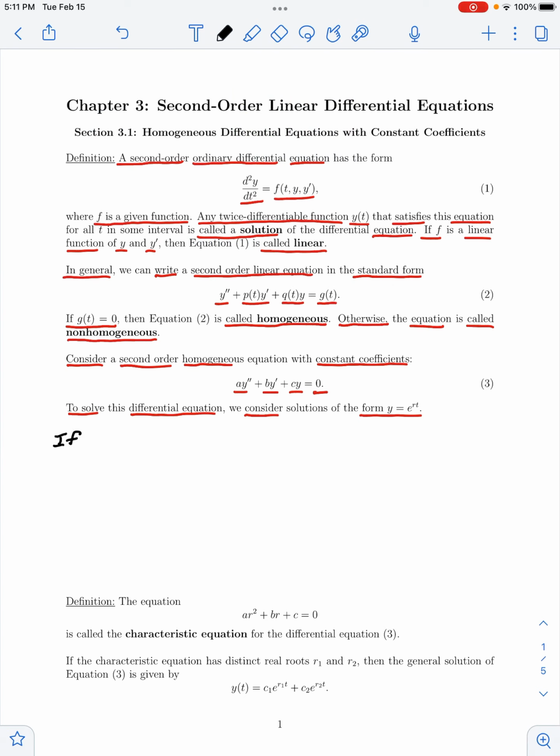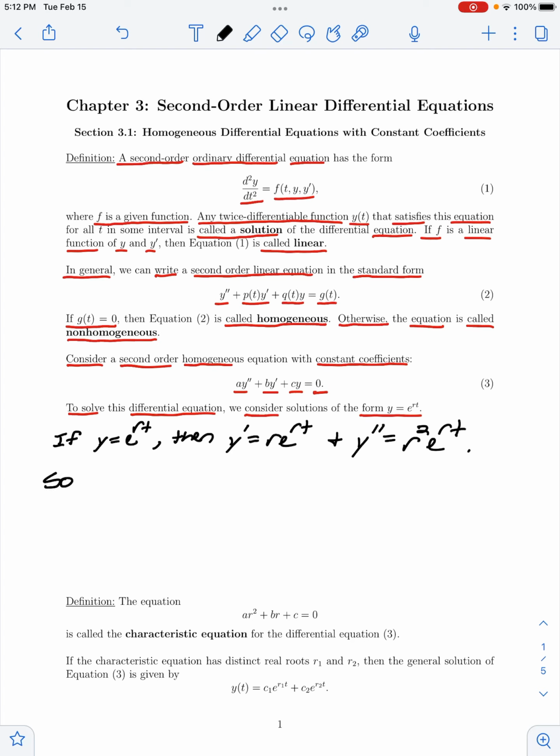If we are considering solutions of exponential form, say y equals e to the rt, then our first derivative, y prime, would be r times e to the rt, and the second derivative, y double prime, would be r squared times e to the rt.